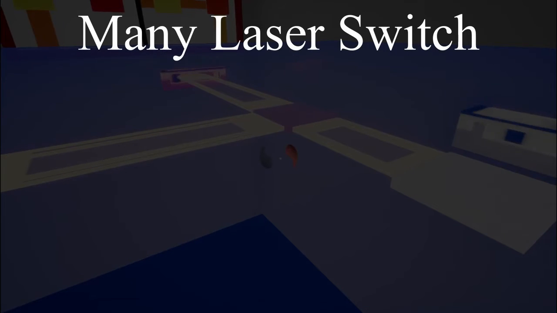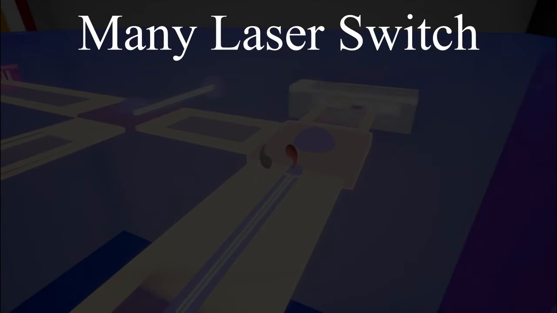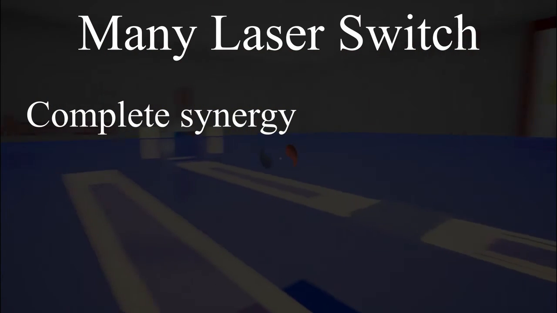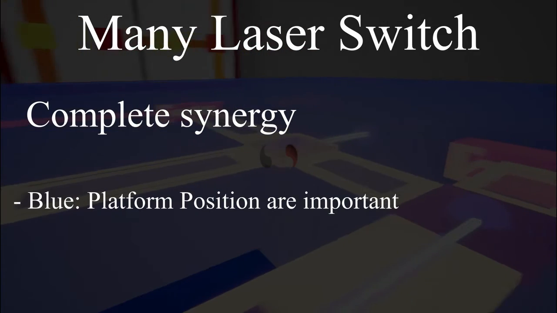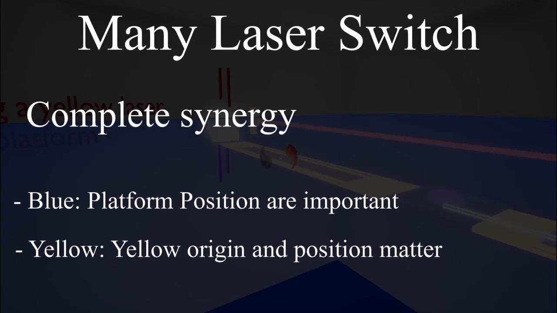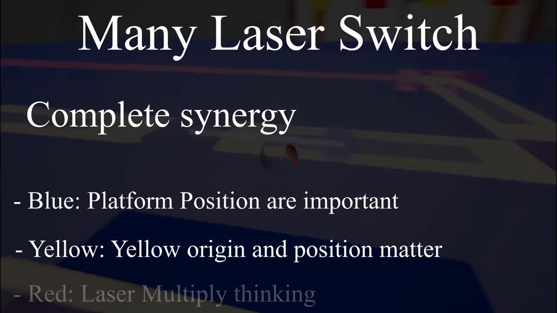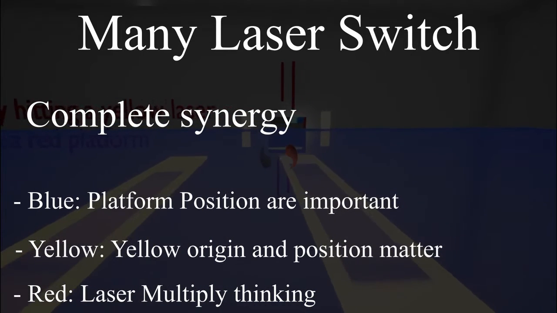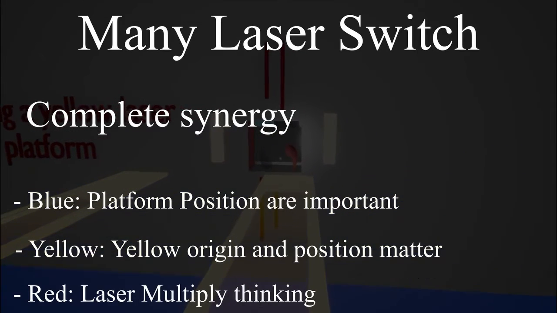In its most complex iteration, meaning when two or more laser switches need to be activated, the systemic synergy is more complete. Not only do you have to think carefully about the position using the blue property, not only do you have to use wisely the yellow property, but you also have to use in a clever manner the red property, so that the laser multiplication effect creates the adequate path necessary to solve the puzzle.